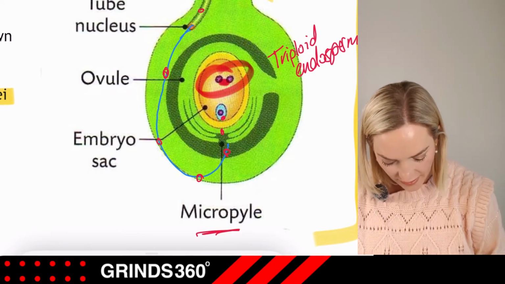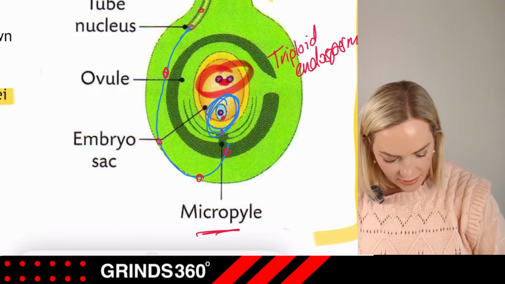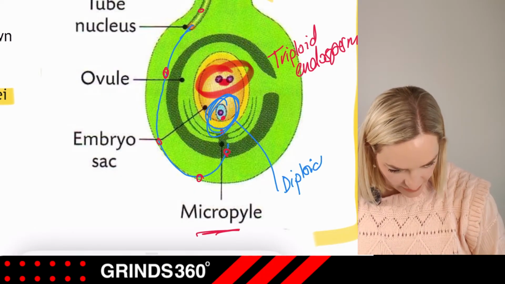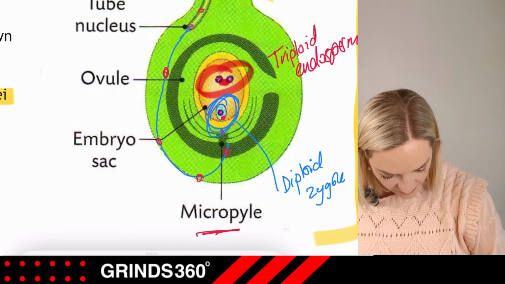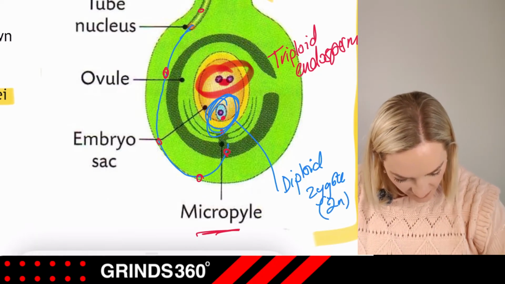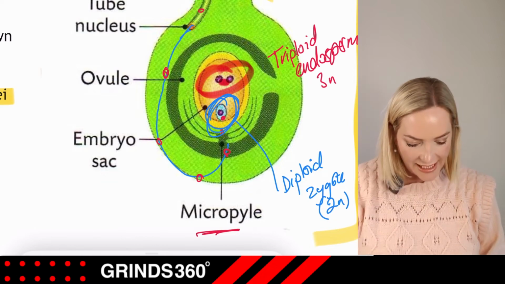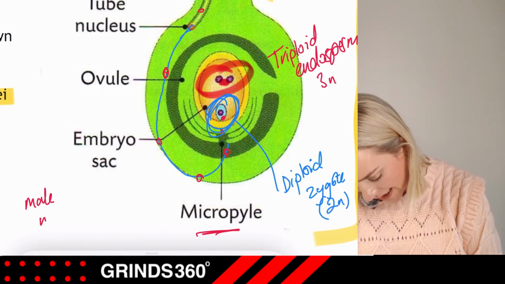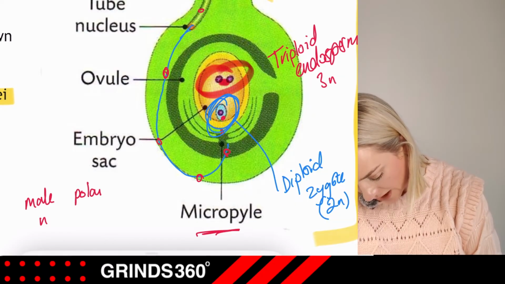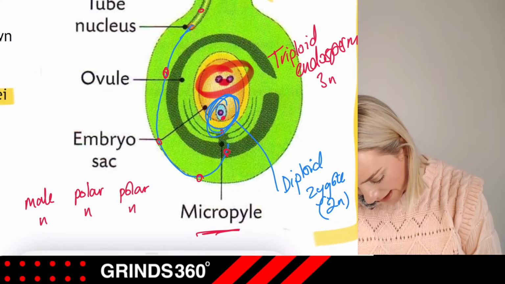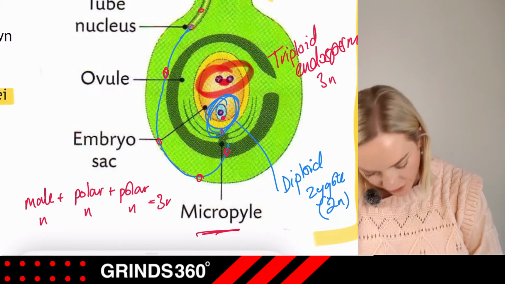This will become your diploid zygote. So I'm saying 2N for the diploid zygote, and I'm writing here 3N. Where did the Ns come from? One male gamete is N. We have two polar nuclei. I'm just going to write here polar, N, and add them all up to give your triploid endosperm.